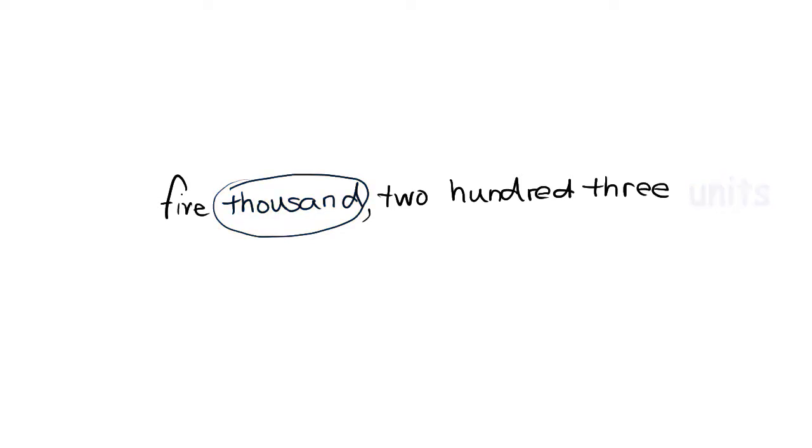We see in front of thousands that there is only a 5, so we will write a 5 and a comma. After that, the digits within the units family are read as 203. So we will write these following the comma, and the base 10 numeral now matches the number name: 5,203.